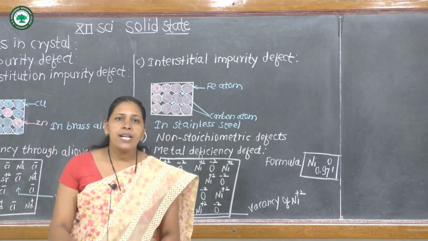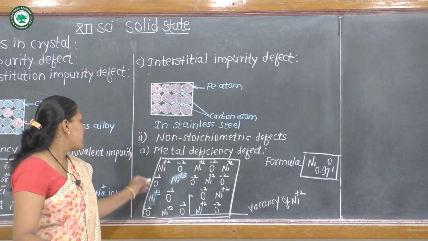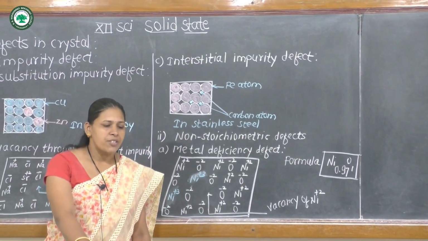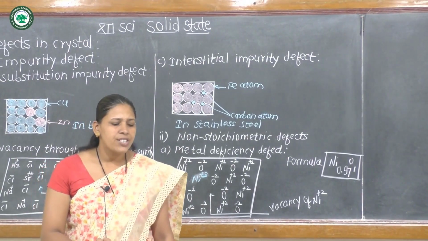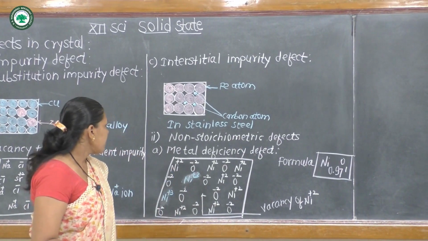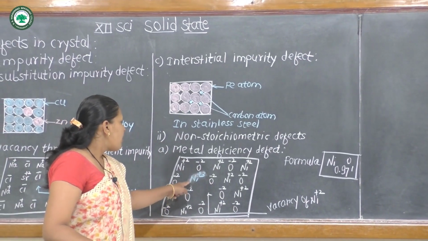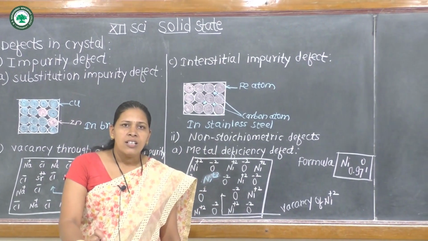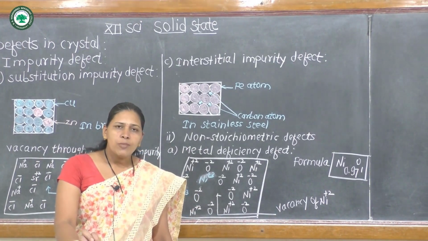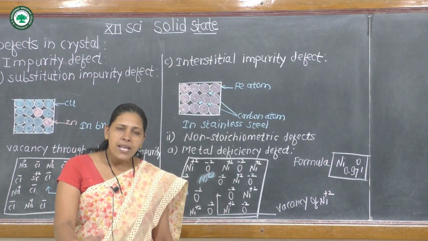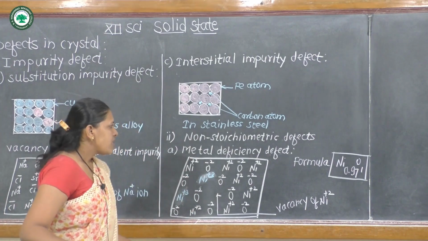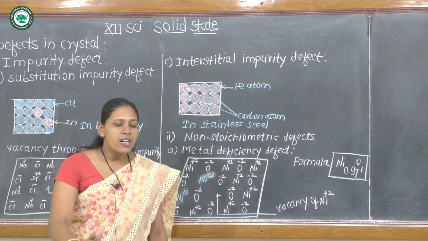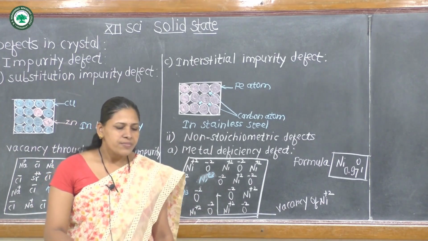First is metal deficiency defect. In this defect, some original cations of the crystal are replaced by the same metal but having a different oxidation state.